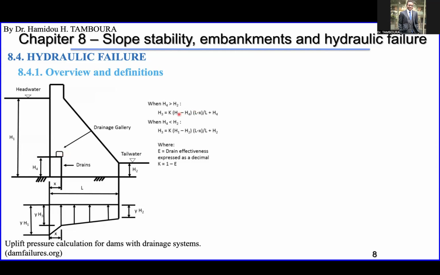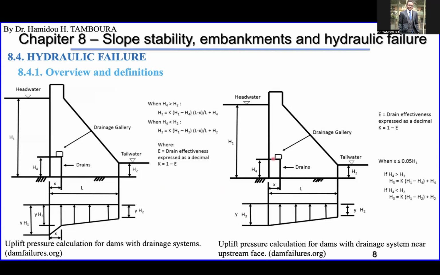It is calculated depending on X, this small distance. This case is when this distance is very small, when X is less than or equal to 0.05 times H1. H1 is the water level here, the water head.